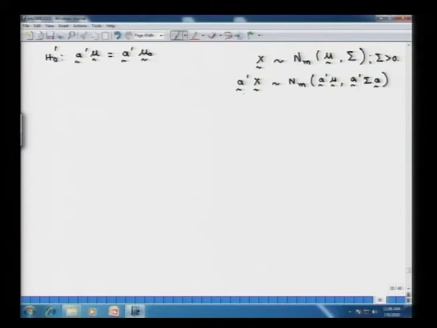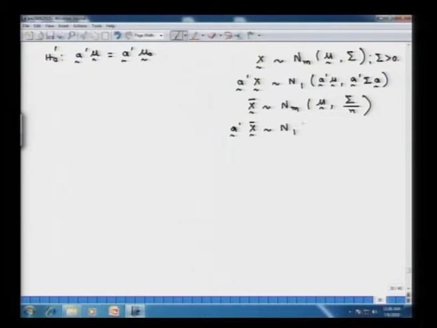Now, from here we can also say that X bar has got a multivariate normal distribution with a mean vector mu and a covariance matrix sigma by n. So, this would imply that for this A prime vector, this A prime X bar is going to be 1 dimensional, because this is a 1 by m dimensional vector.